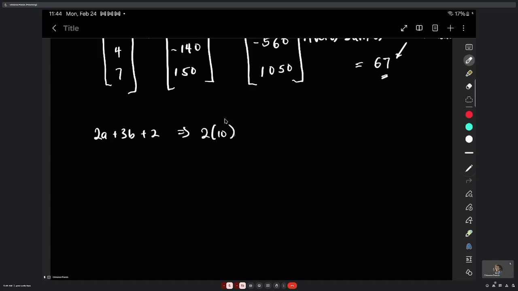Correct. Okay. Makes sense, right? We can scale this up to as many variables with this.